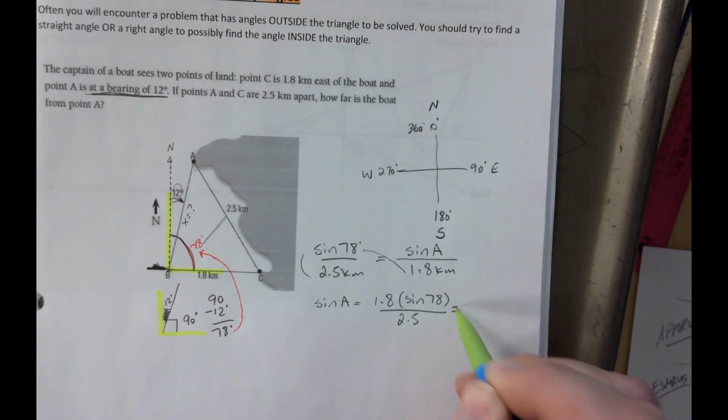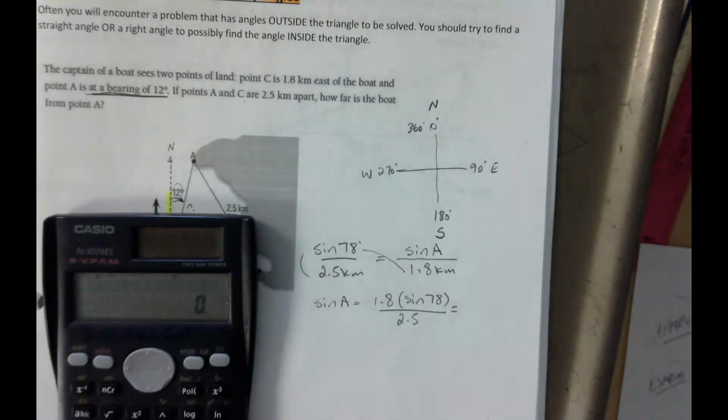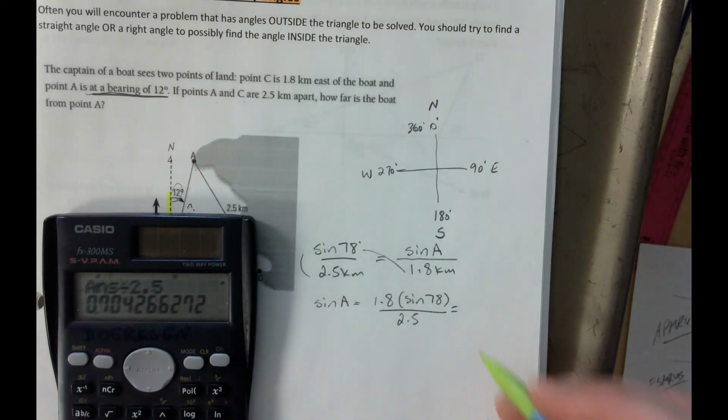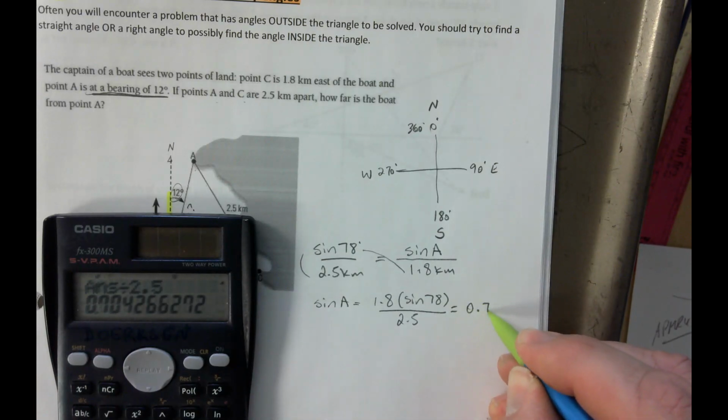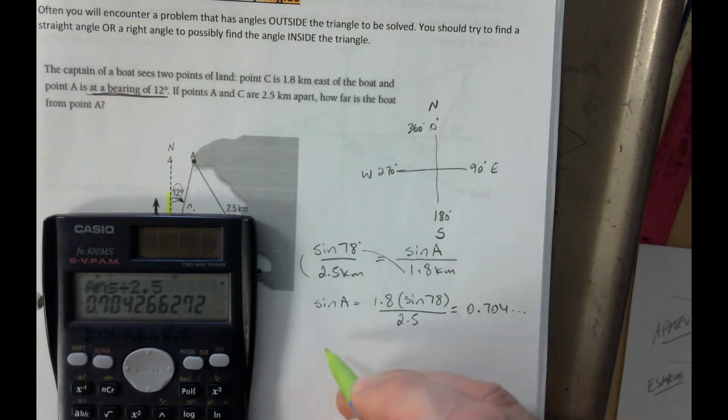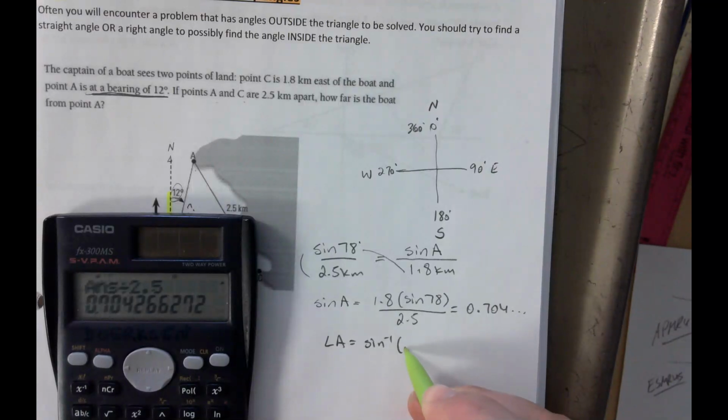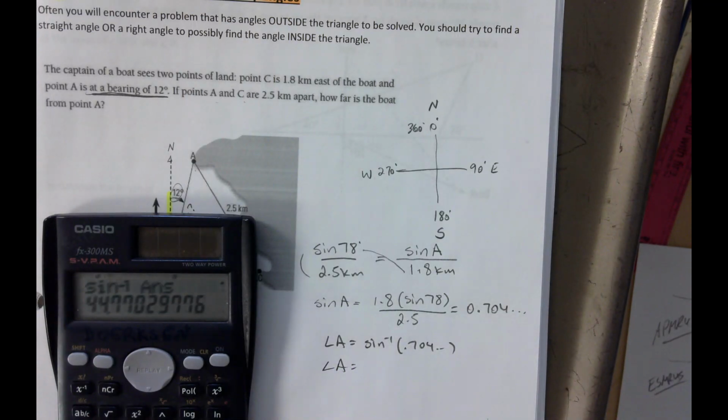Let's figure out what that is. Angle A is sine inverse of that, which gives 44.77 degrees. Important, but not the answer yet.